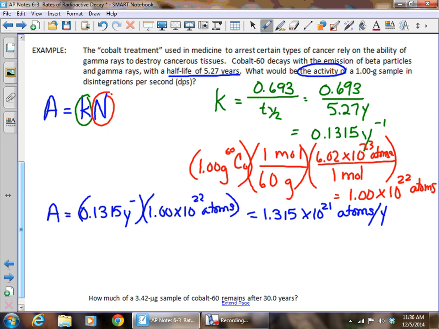Now that is the equivalent of disintegrations per year, atoms that disintegrate per year.